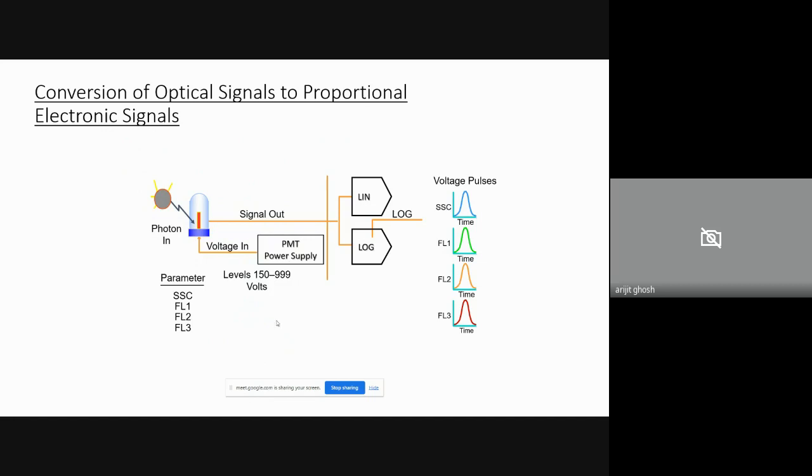First, the signal comes to the photomultiplier tube, and then it amplifies the signal in either linear form or logarithmic form, and then it digitizes the signal and shows it to us in a plot format.